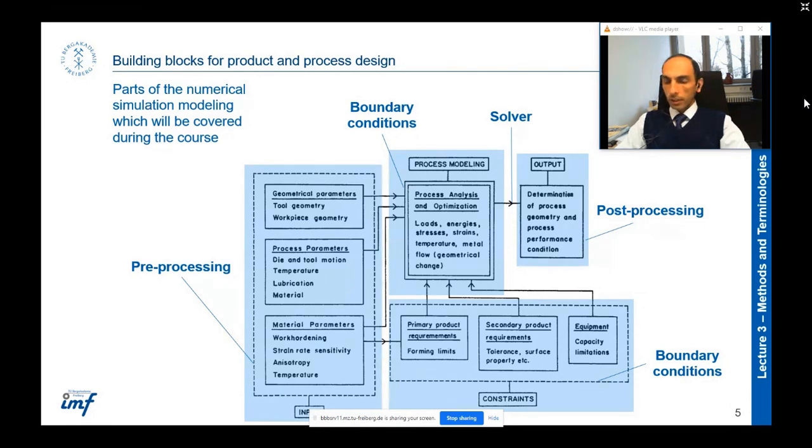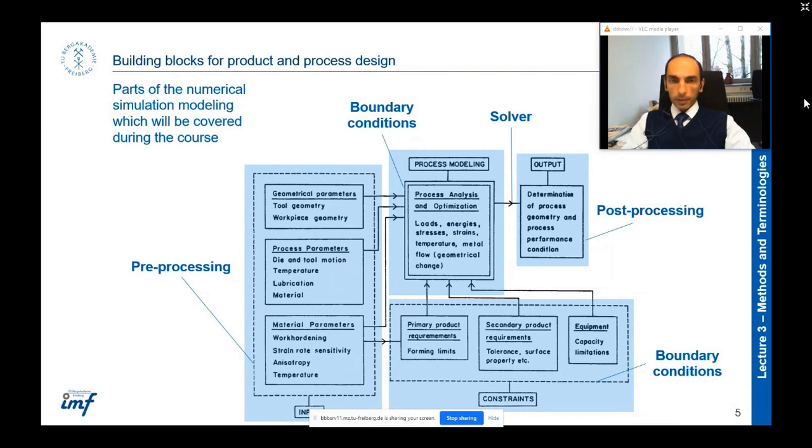Then your given information goes to the solver. The solver is the brain of this simulator. In the solver, the equations are solved. Today we will explain a little bit, not too much, about the way FEM can solve the equations, and then the results go to the post-processor, so you can check the results graphically or in any other way.